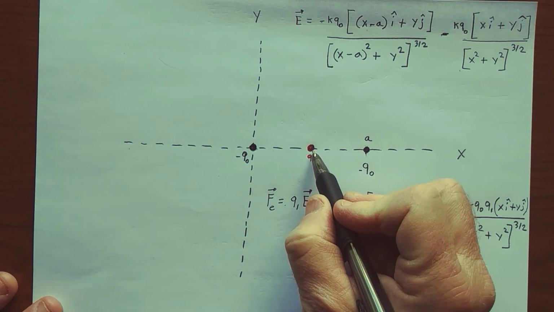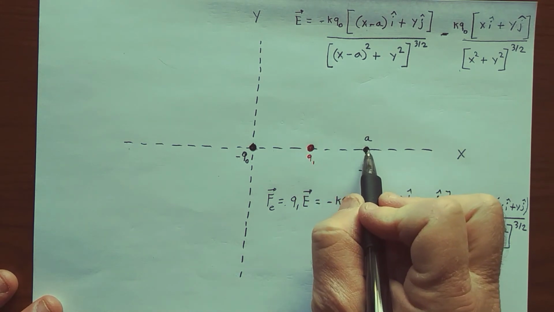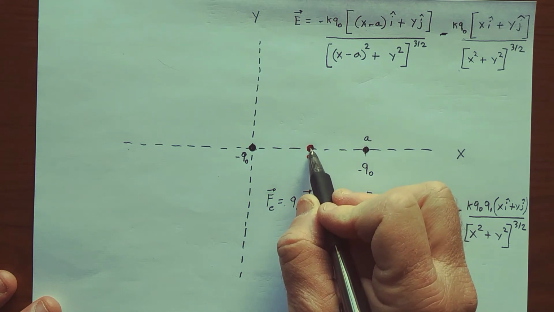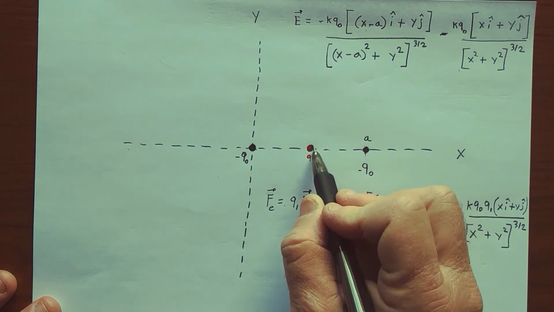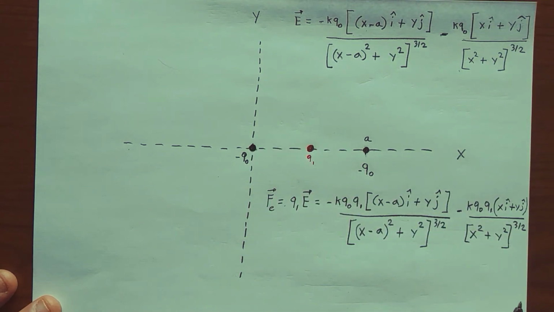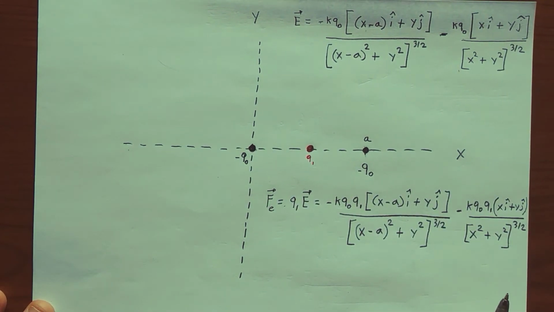So the force due to this particle will be that way. The force is attractive, but the force due to this one will be that way, and they will be equal in magnitude, and so the net force would have to be 0.